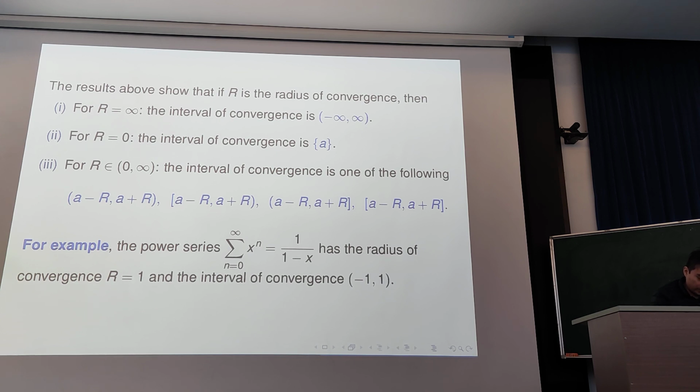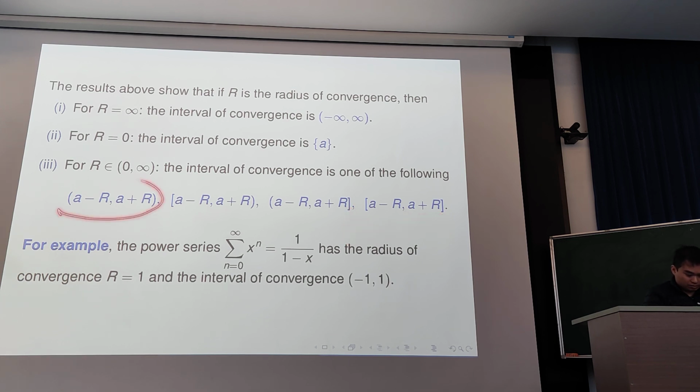So for a finite value of R, the interval of convergence is one of the following intervals. From the definition of the radius of convergence, you know the power series converges for every x such that the absolute value of x minus a is less than R, right?